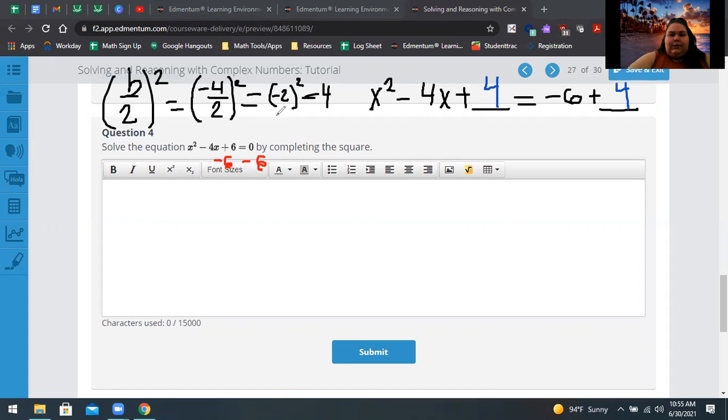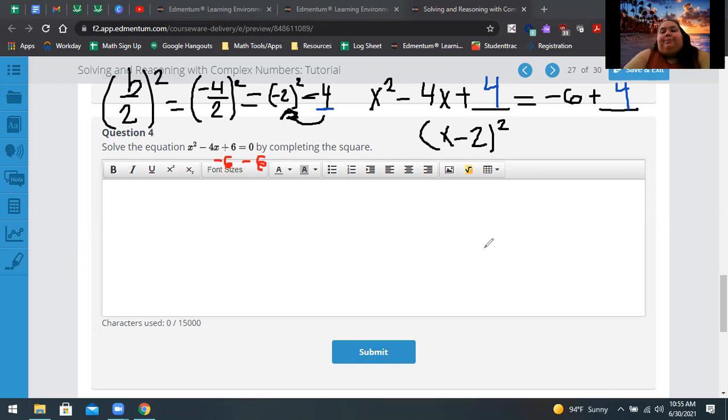And then we simplify. So here's that 4 that I got. Then the left side becomes x minus 2 squared. So we kind of go backwards on those values there.